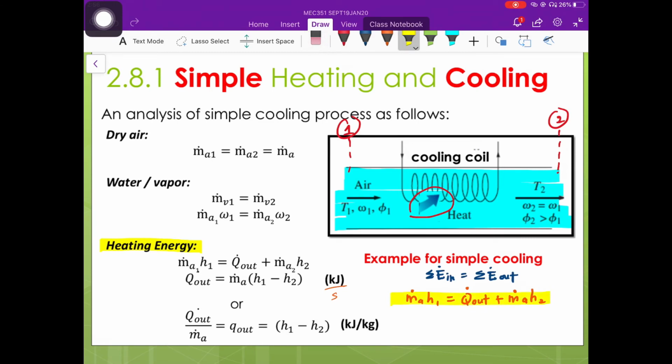If we rearrange this equation so that the heat transfer rate leaving our system is on the left side, we get that the heat transfer rate leaving our system is equal to the mass flow rate times the enthalpy at the inlet minus the enthalpy at the outlet.